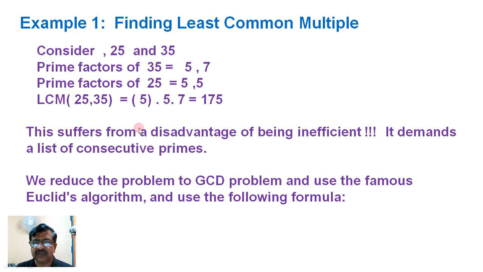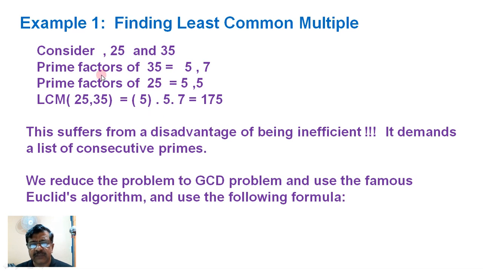This algorithm suffers from the fact that we need to develop a series of prime numbers up to the given number, and this is a disadvantage, being inefficient because it demands pressing some other algorithm into service. That algorithm is nothing other than generating a list of consecutive primes.